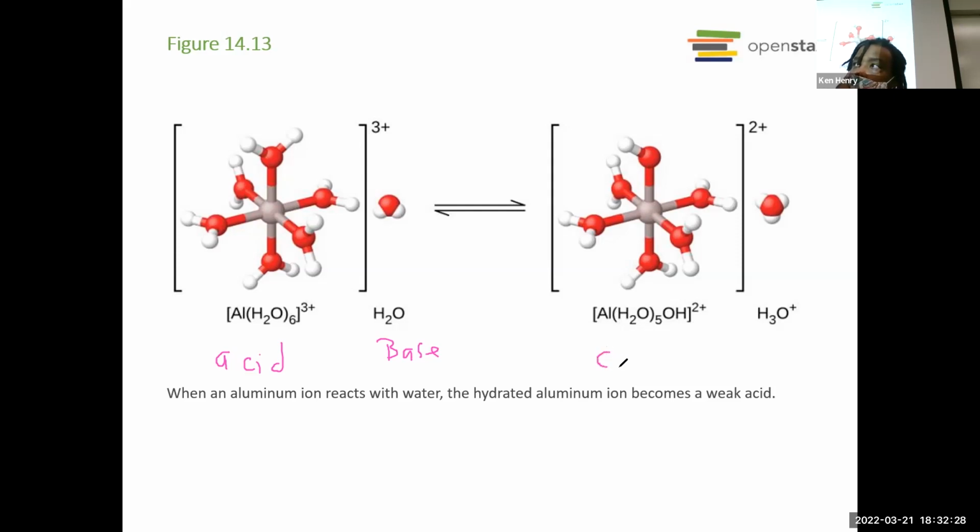Okay. Okay, so let's assume that the Ka for this is, one second.